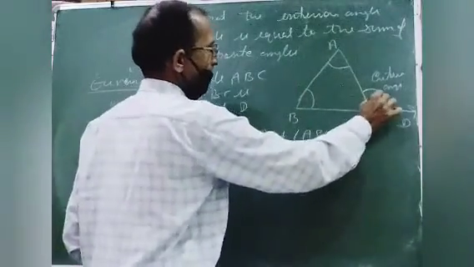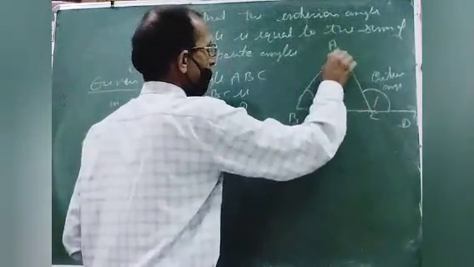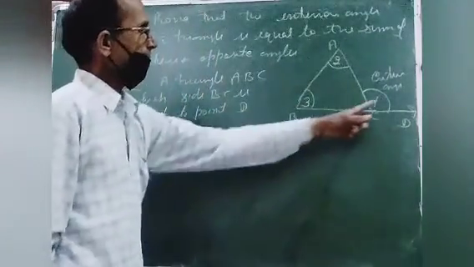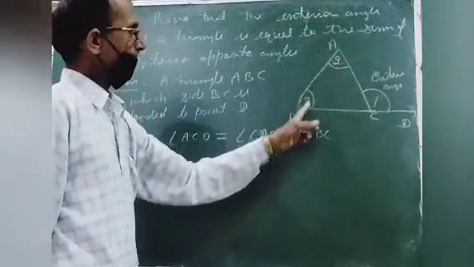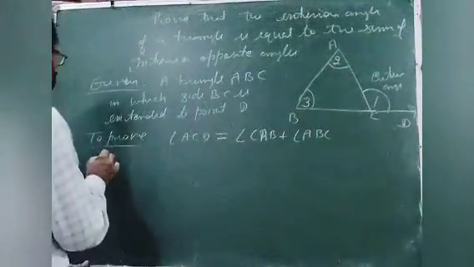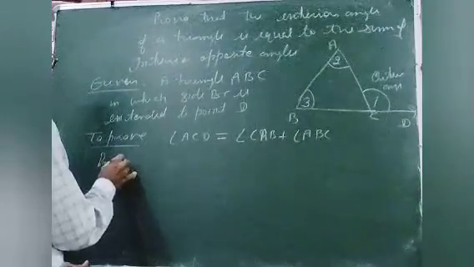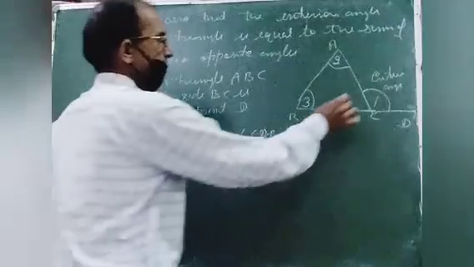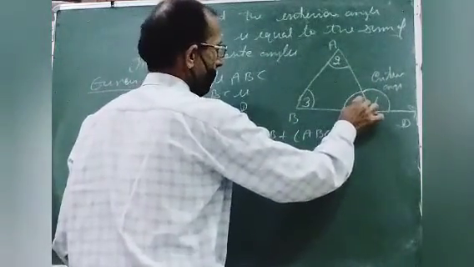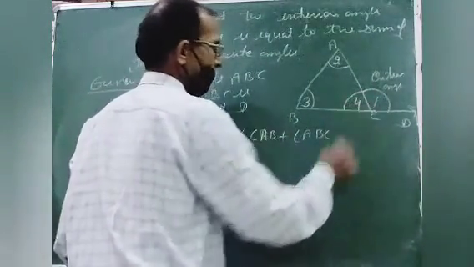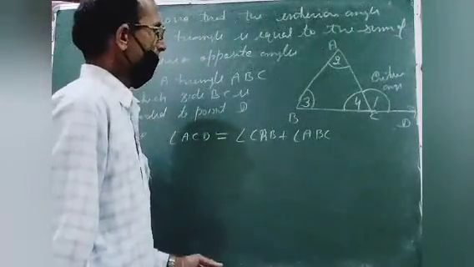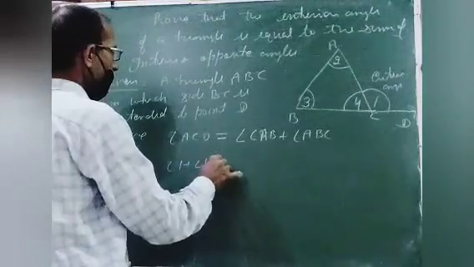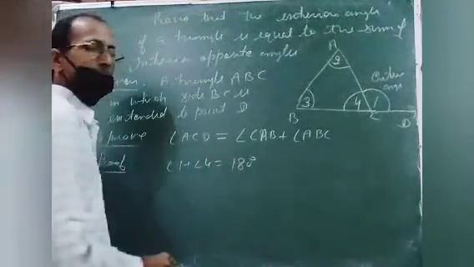Now I will change their names. This is angle 1, this is angle 2, and this is angle 3. So we have to prove this one, angle 1 equals angle 2 plus angle 3. Now proof. This angle I will name angle 4. For this proof, angle 1 plus angle 4 is equal to 180 degrees.